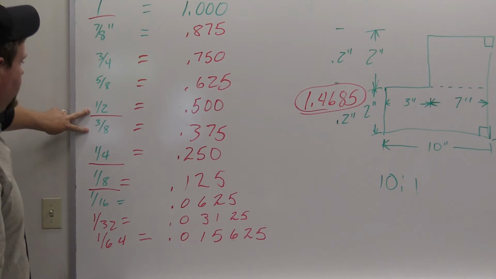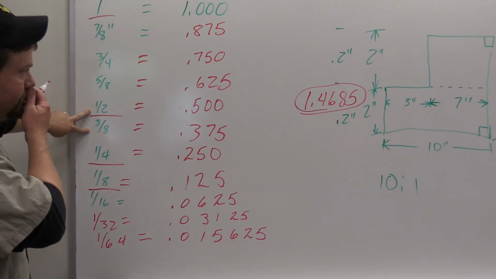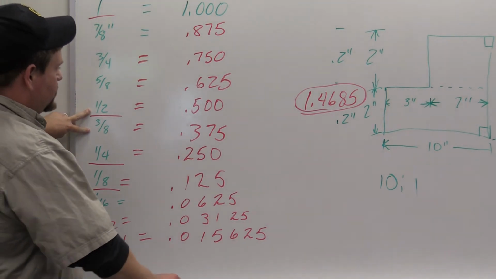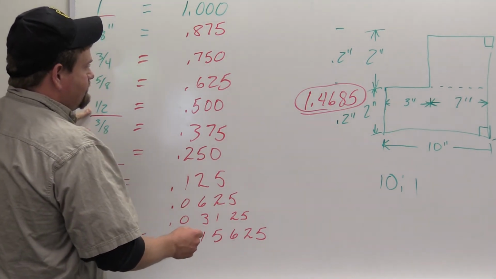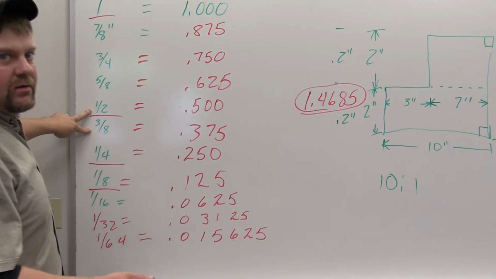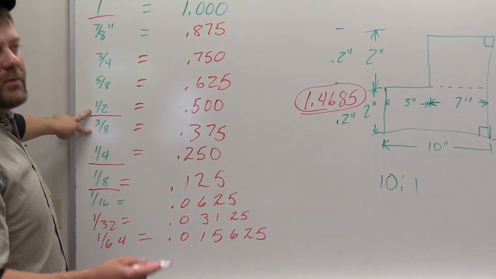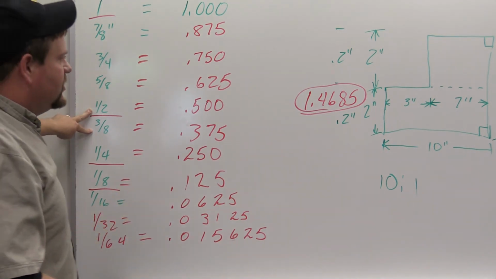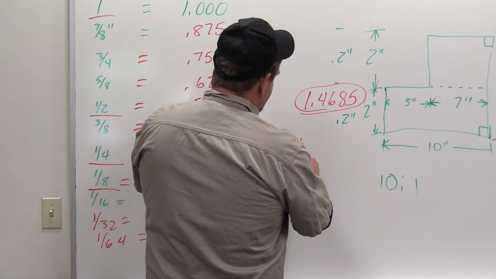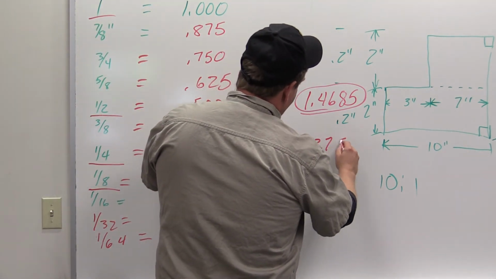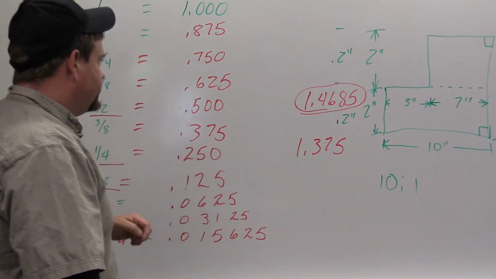So we know we're roughly in between here. Okay? So let's break this down even further. So I like to do addition. A lot of times subtraction's there, but the addition seems to be a lot easier for most people to understand. So 1 3/8, we're at 1.375. Okay?